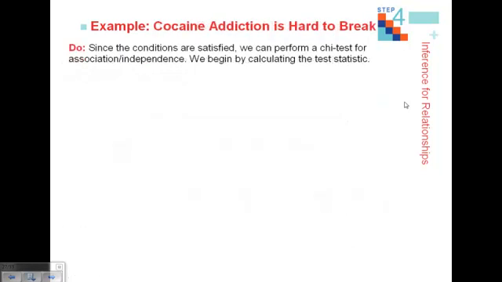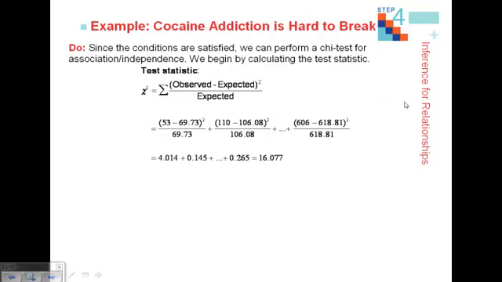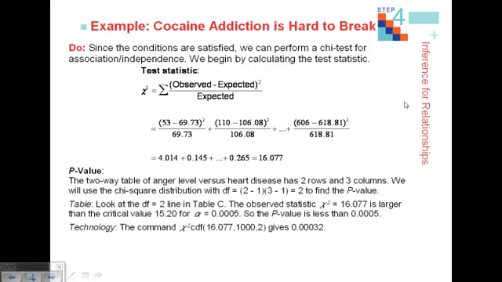I'm like, yeah. All right. All the things are satisfied. 16.7. P-value of 0.0003 as calculated by our calculator.